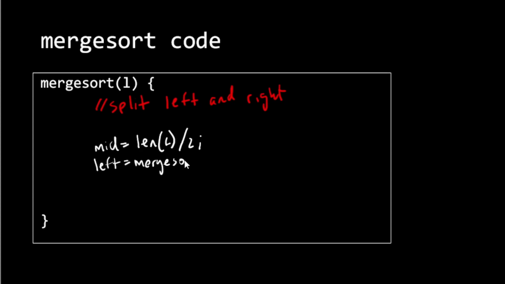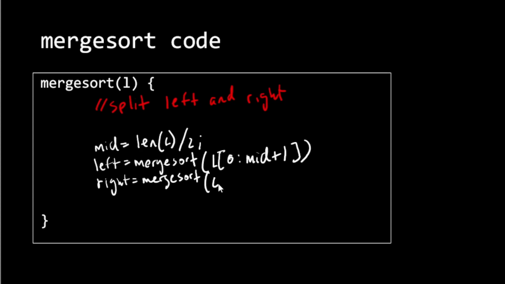But you're going to call merge sort recursively here, starting at L from 0 to mid plus 1 to get the boundary case right. And you're going to say right equals merge sort L mid plus 1 to the end.